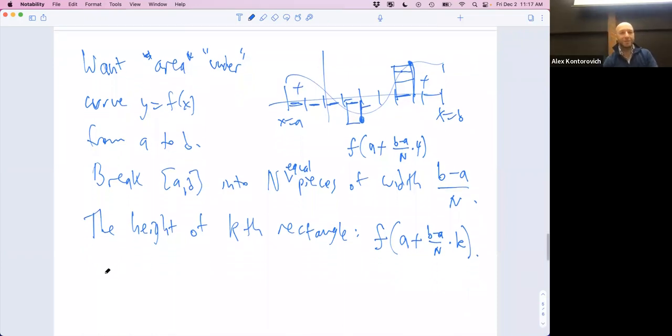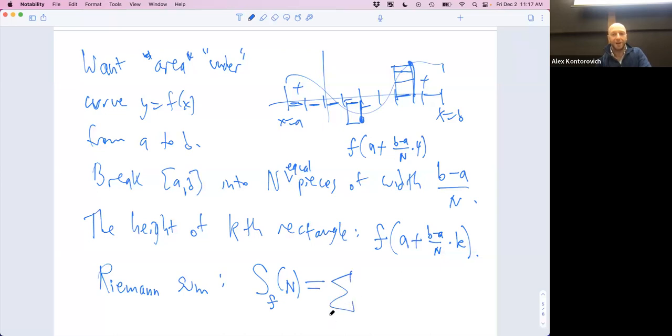So the Riemann sum, of order n or something. Do we have a name for this? S sub f of n, something like this? It doesn't matter. We don't need notation for this thing. It will be the sum of all of these areas. So it's the sum as k goes from 1 to n.